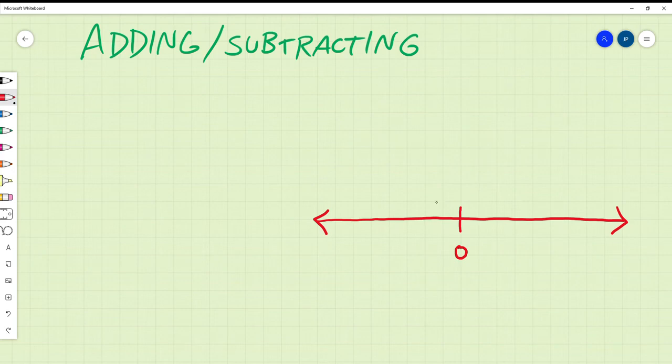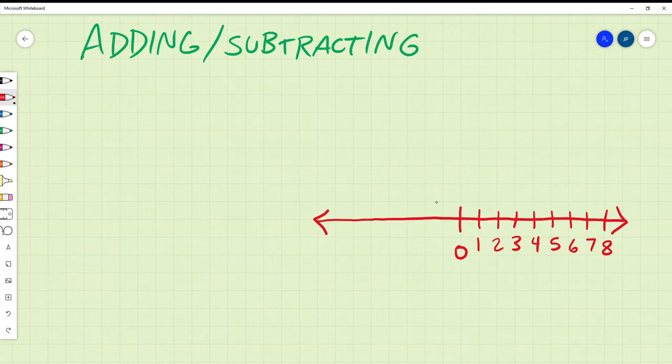So if we're dealing with numbers that are increasing, we'll go, each one of these tick marks here will indicate 1. So we'll have positive 1, positive 2, positive 3, positive 4, 5, 6, and so on.